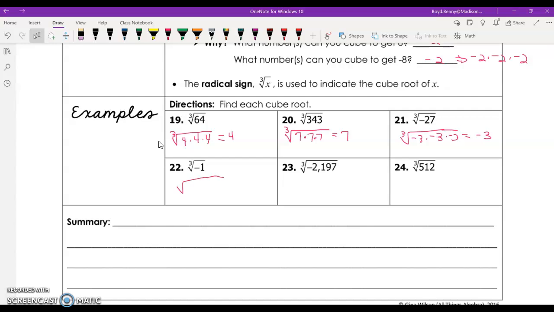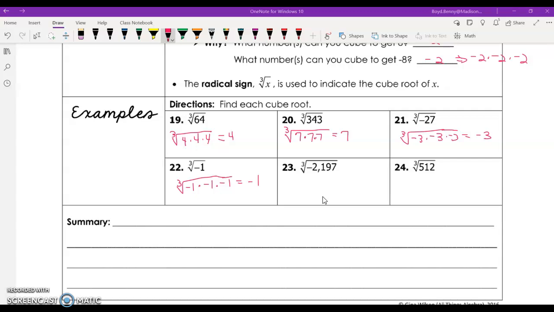Well, let's see here. There's only one number that multiplies to give us 1. It doesn't matter how many times you multiply it. That'd be negative 1 times negative 1 times negative 1. And that's going to give us negative 1. Okay? I'd like for you guys to try the next two. Go ahead and pause the video and then restart it to see how you did.